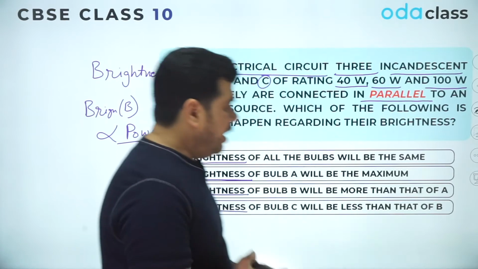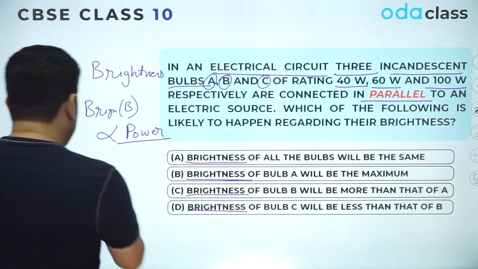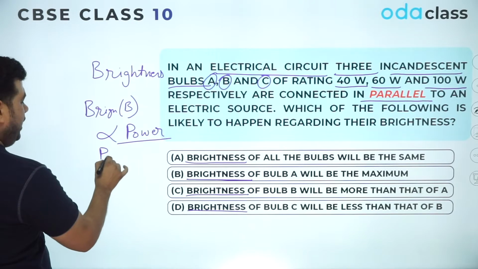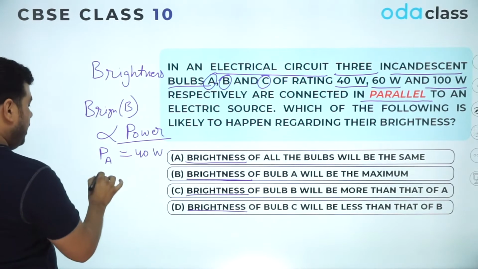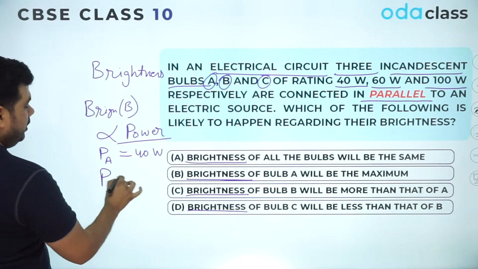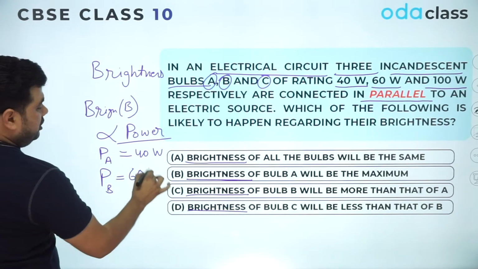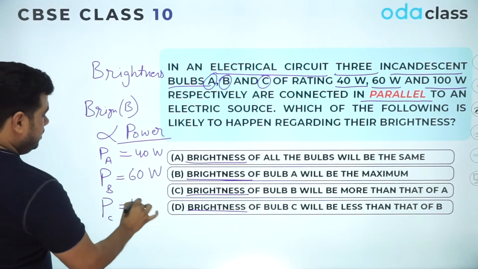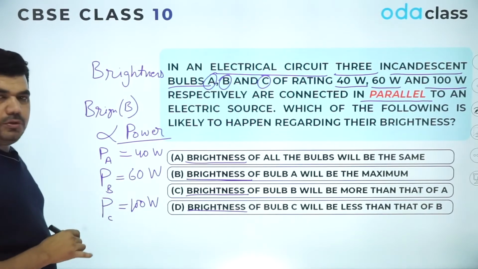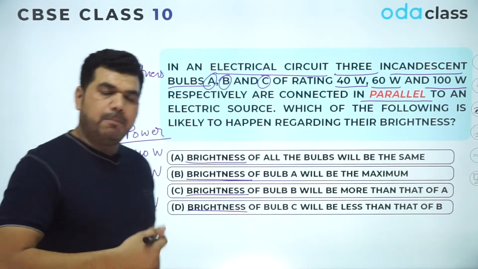Here, as you can see, power of A is 40 watt, power of B is 60 watt, and power of C is 100 watt. More power, more brightness.